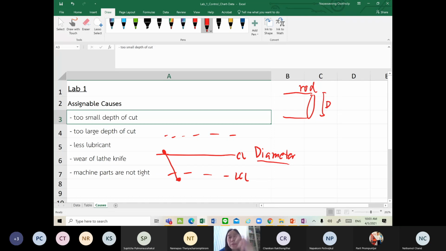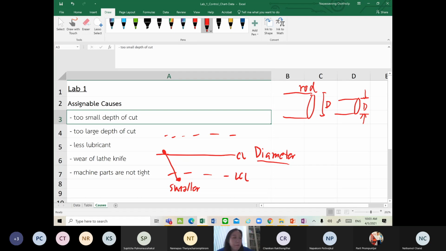So if you get a smaller diameter, that means subgroup number 4 has got a smaller diameter like this. Now what I want you to practice is how to link the pattern that you see on the control chart to the real action that you will do to correct your process.